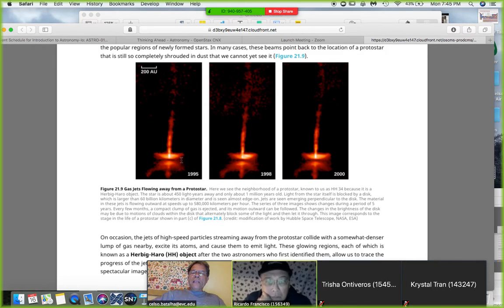What we are seeing here is a disk, and we are looking at this disk almost edge on. This black part that goes through the central part of the disk is the result of dust that still exists in the disk and blocks the light of the disk itself. But the disk is spiraling and falling towards the star, but some of this material is ejected in two flows, and we call that bipolar flow.